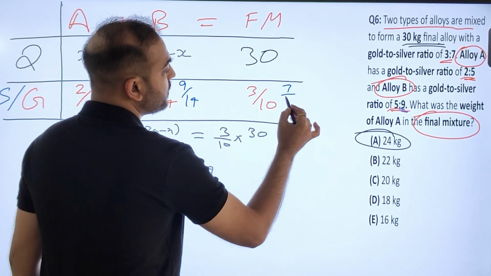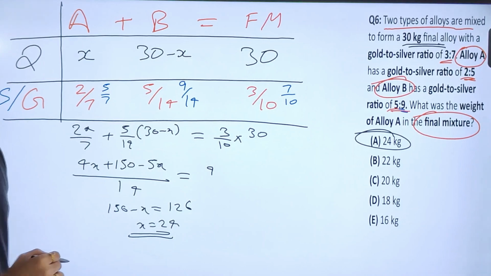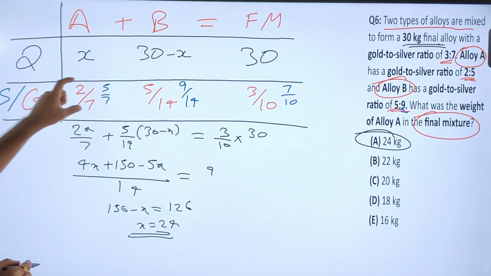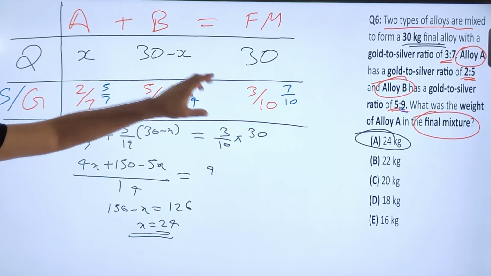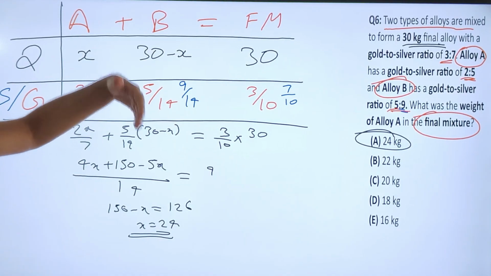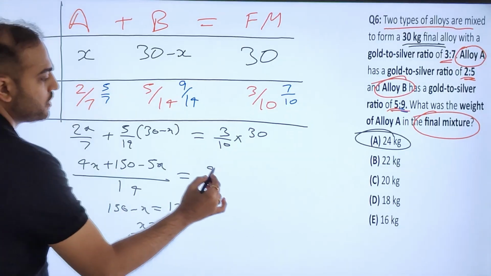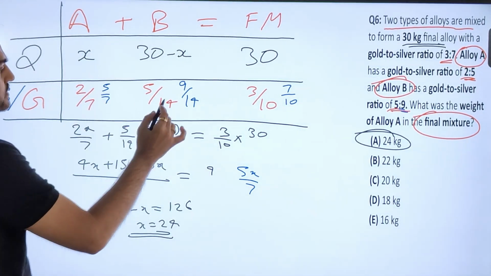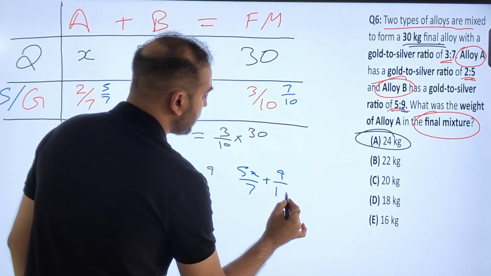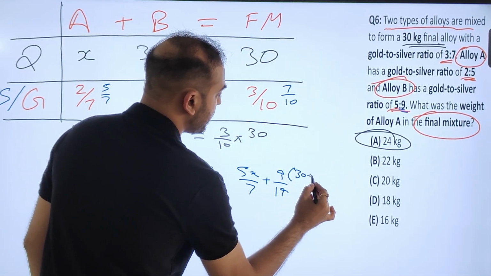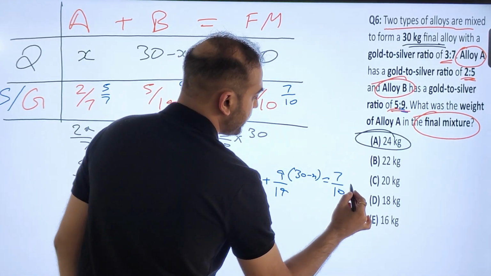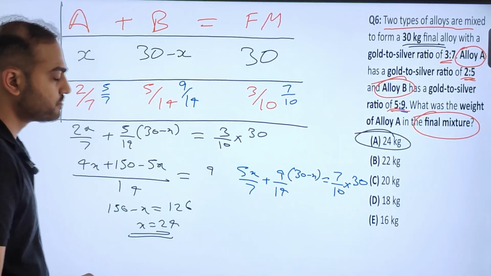Instead of 3 by 10, I will write 7 by 10. So these values change. Again, table is complete. The equation is 5 by 7 times x plus 9 by 14 times (30 minus x) is equal to 7 by 10 times 30.